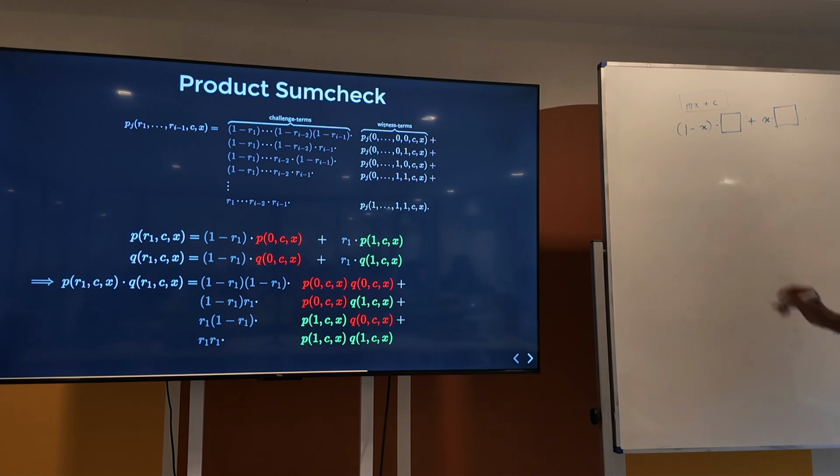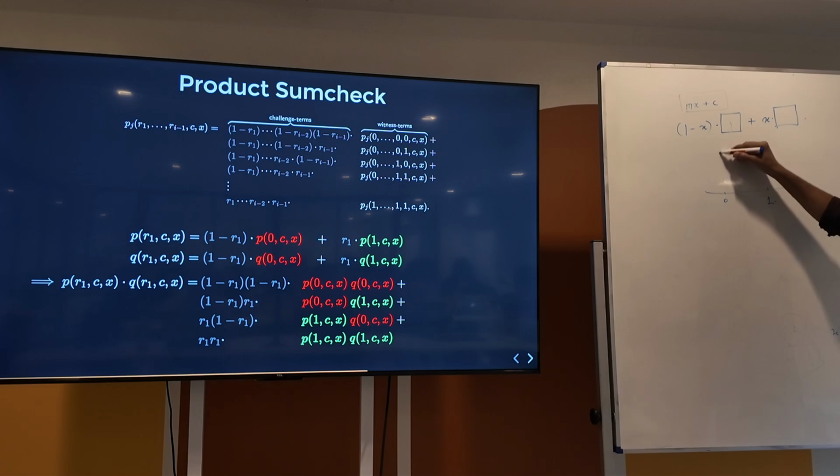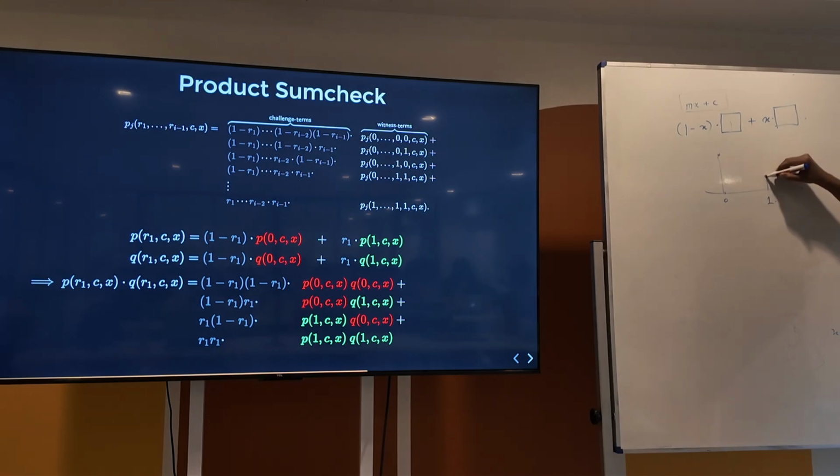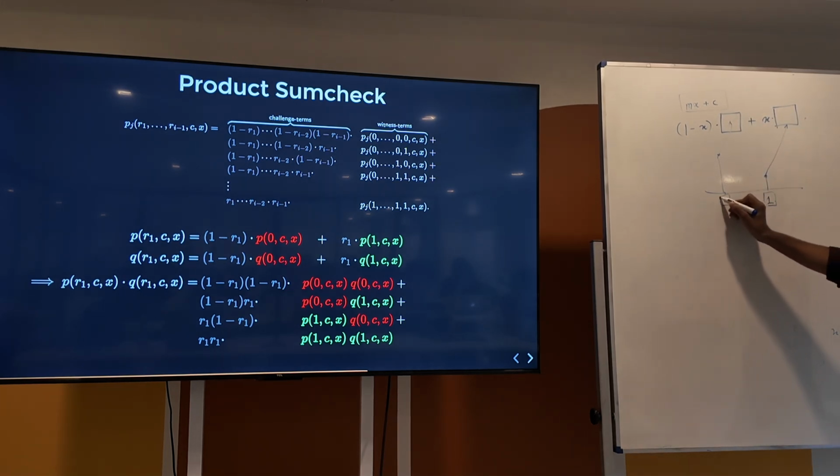The reason is that by definition, this box is your evaluation at 0, and this box is your evaluation at 1.